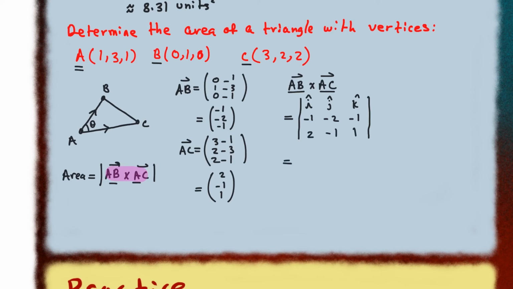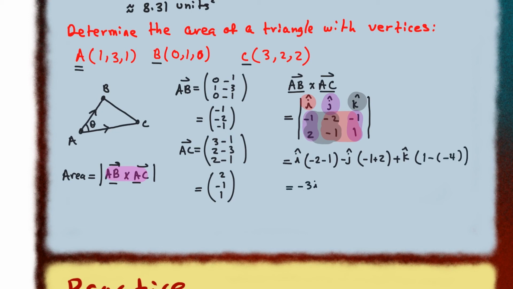Then we will use positive i and cover the top row and column of i and use the diagonal products and subtract them from each other, and we'll do that for all the components. So it's positive i, -j, positive k. And once we have all the values in, we get our components as x component of -3, y component of -1, and a z component of +5.